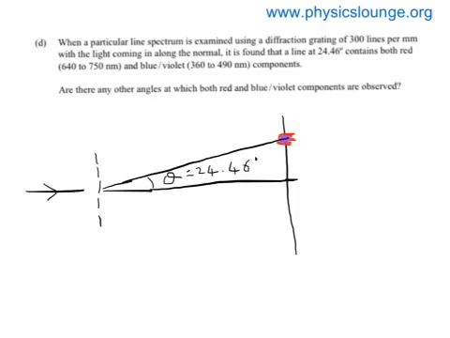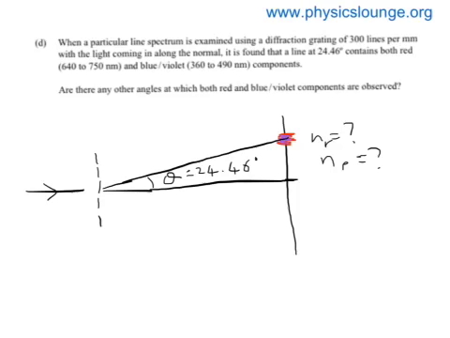From this we don't know what values of n this is. We'll have an n value for the red, and an n value for the blue-purple, and we pretty much need to find out what those are. It's to do with the ratio of the n values for the red and for the purple.